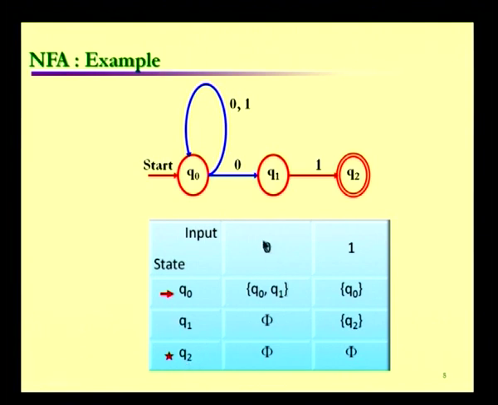Then you see that the column for 0 and the row for q0 has 2 entries, q0 comma q1. So, in general, when you are writing the definition of a non-deterministic finite automaton, for a single state with a single input symbol, the output is going to be any one subset of the set of states available.